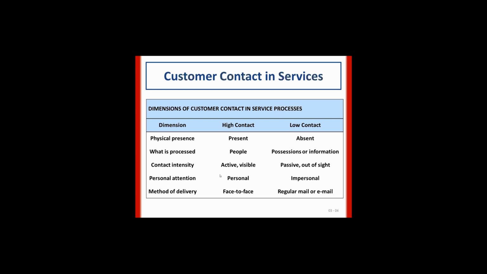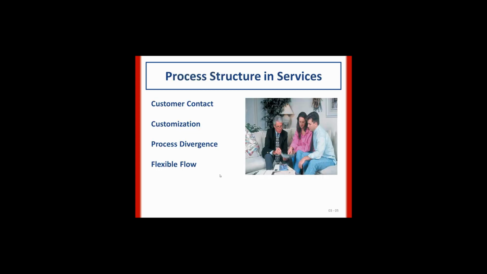The fourth dimension is regarding personal intention, and the last dimension is regarding the mode of delivery. It can be face-to-face or email. In service organizations, the process structure can be differentiated by different factors.